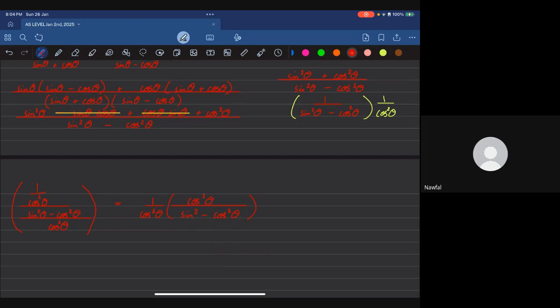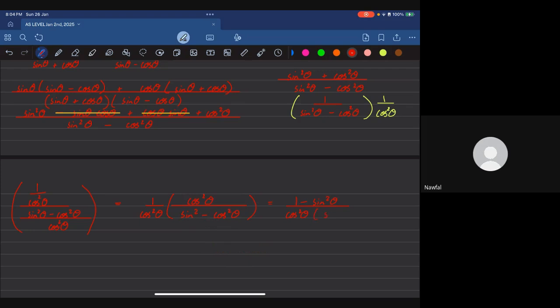Now, the cos square theta at the top can be written as 1 minus sine square theta, right? I can write it down like this. Or, it can be written down like this as well. All right. And at the bottom, I'm getting cos square theta alone.